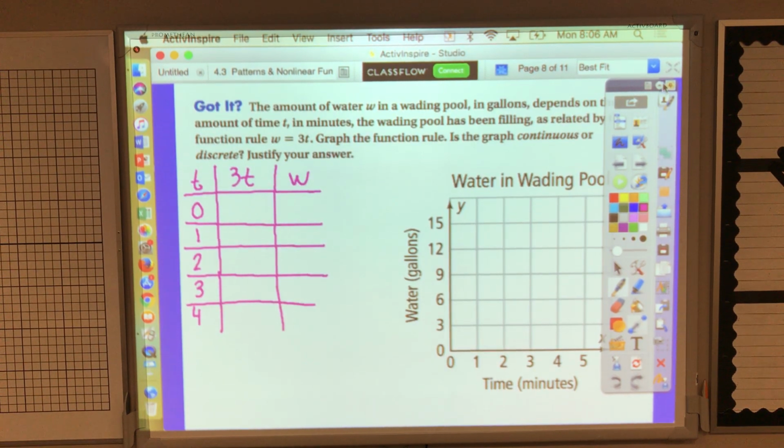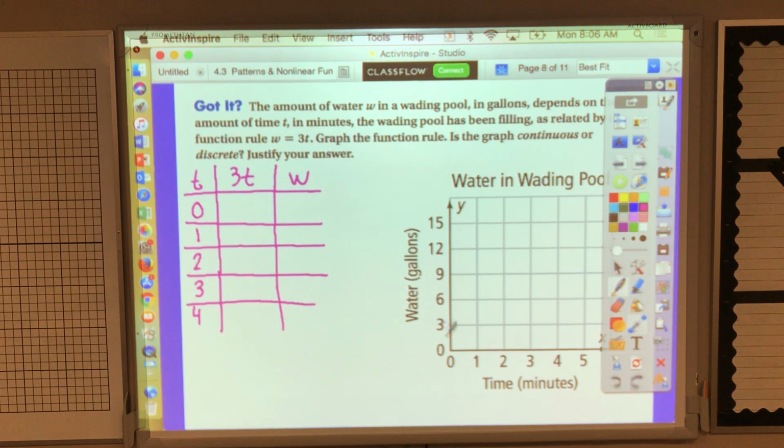So let's look at another word problem. The amount of water in a wading pool in gallons depends on the amount of time t in minutes. The wading pool has been filling as related to the function w equals 3t. Again, notice our input is t, our output is w. They want me to graph the function rule and decide if it's continuous or discrete and justify that answer.